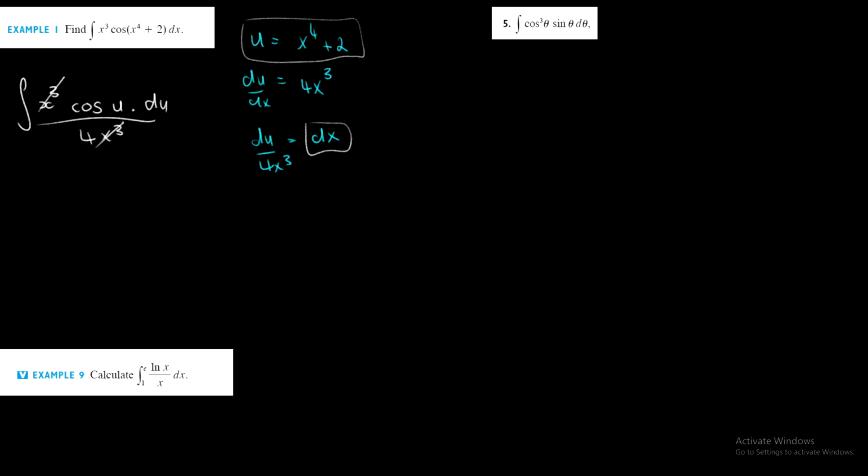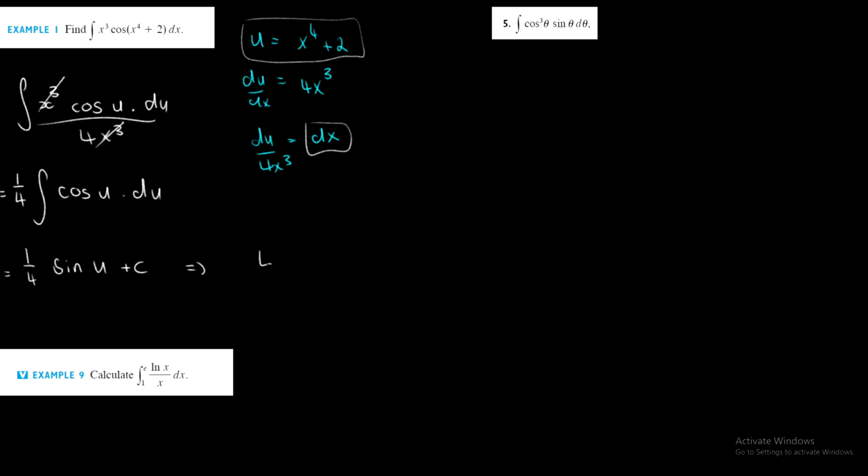So I'll bring this 1 over 4 forward. 1 over 4 cosine u du. Let's integrate cosine. The integral of cosine is sine. So this is 1 over 4 times sine of u plus c, because we have an indefinite integral.